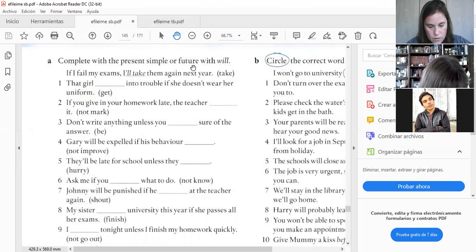What's the meaning of mark? What number, Nico? 2. If you have a 9, it's a good mark. If you have a 5, it's a bad mark. And mark as a verb is poner nota.